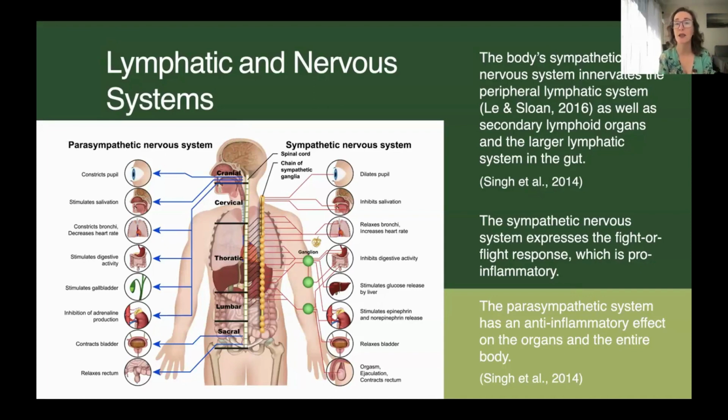So the body's sympathetic nervous system innervates our lymphatic system and many of the lymphoid organs. And that is important because when we're in fight or flight, it's not just affecting the pupils and the digestion, it's also affecting potentially our body's lymphatic system. And we see in the bottom quote, the parasympathetic nervous system has that anti-inflammatory effect on our body.